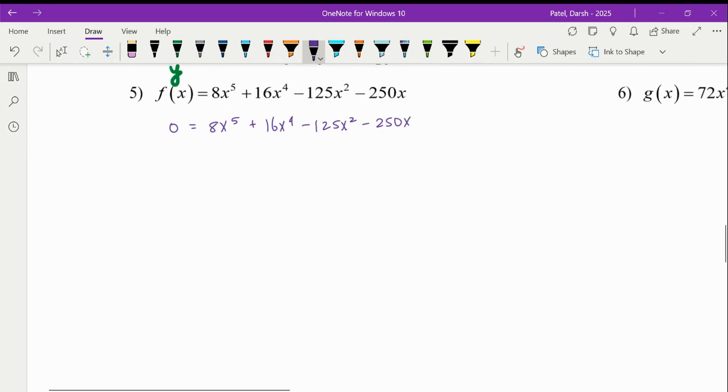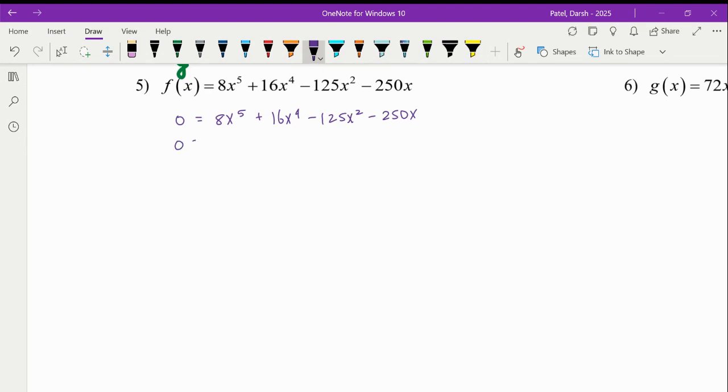power. And now we know that we're going to use factor by grouping, since we can see this times 16 is 2 times 8 and 250 is 2 times 125. So let's take the common factor of this term over here and this term over here.